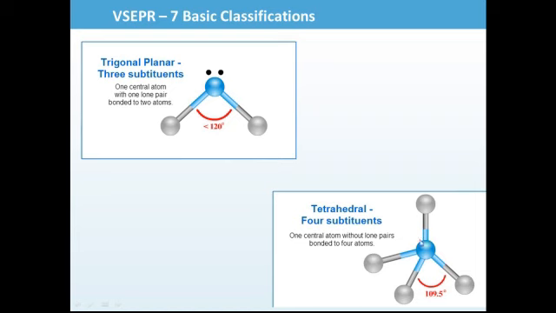When we look at our central atom, we see that we have 1, 2, 3, 4 bonds, and we have 0 lone pairs of electrons. Remember, your lone pair of electrons is where you see the 2 dots. For this molecule, there are no dots, therefore no lone pairs of electrons. And we'll get the tetrahedral molecular geometry.